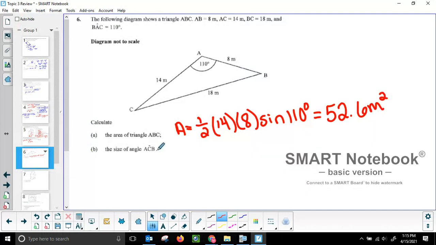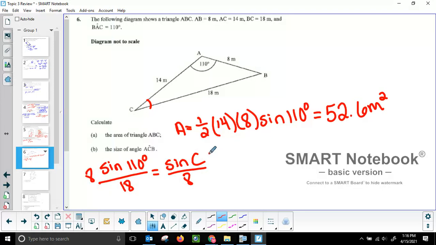Right, and now it wants to find the size of essentially angle C. So it wants to find this, right? Well, since we have all three sides and an angle, we can just go ahead and use law of sines here. So we would say sine of 110 degrees over its opposite side, 18, is equal to sine of angle C over its opposite side, 8.